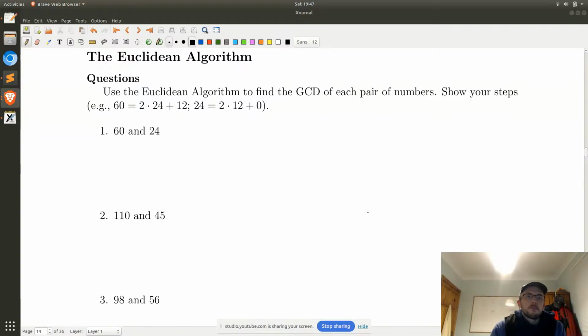Okay. Now comes the Euclidean algorithm. What on earth is that? It's a way to find the greatest common divisor of a pair of numbers, and it's quite an elegant algorithm.